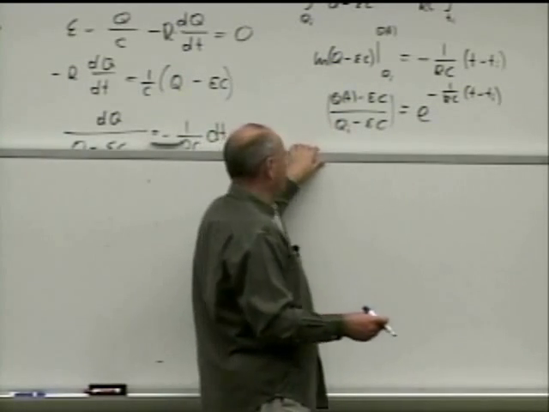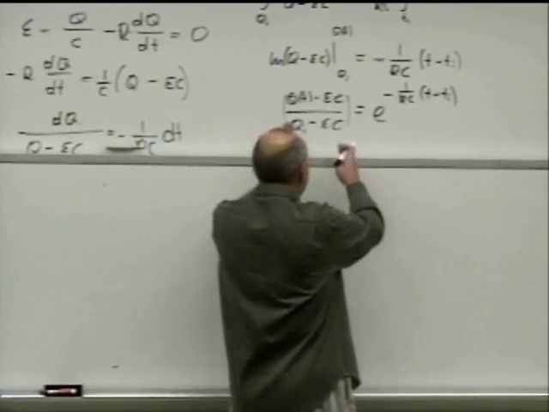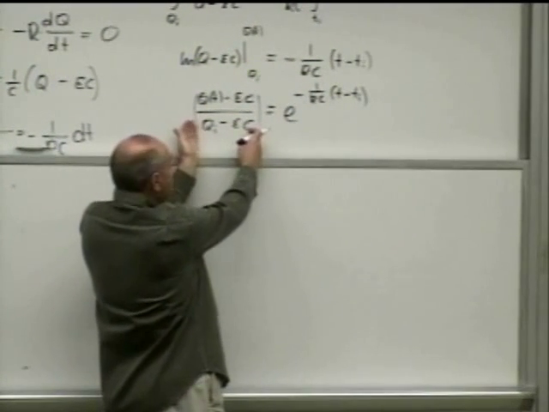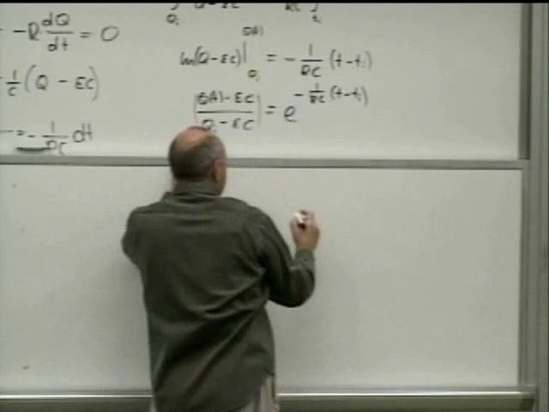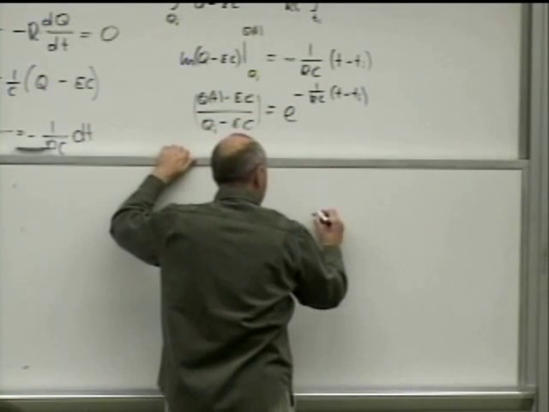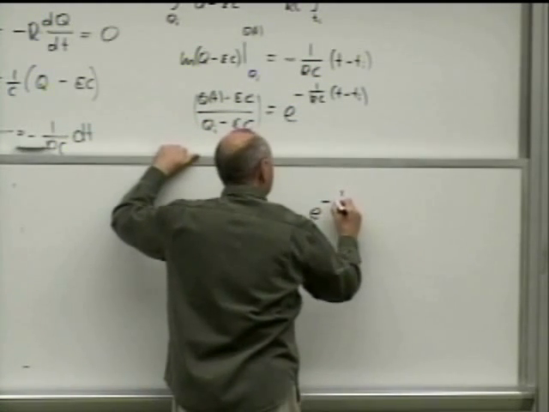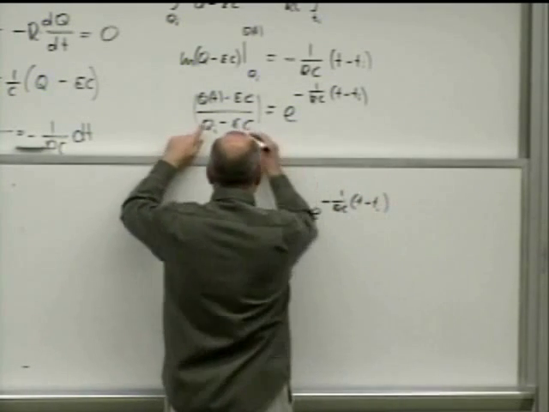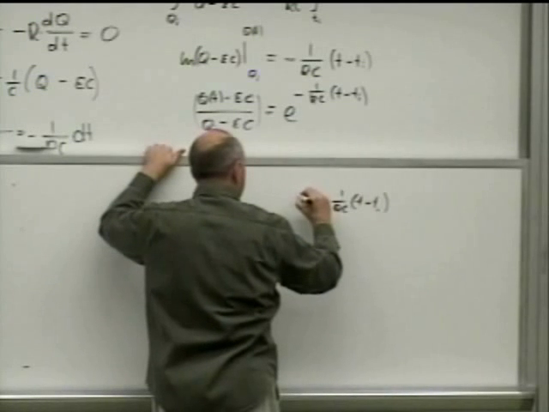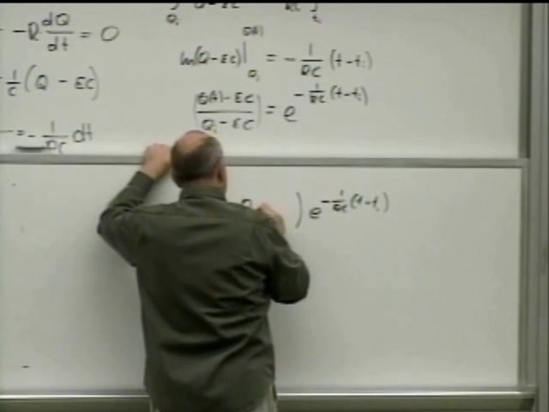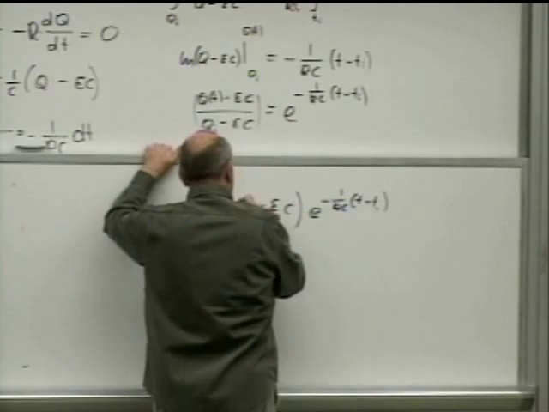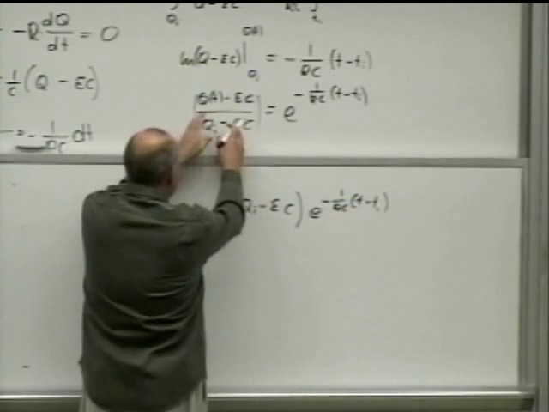And let me do it faster, okay, because I think that I'm going too slow. So in order to do this, first of all, I will multiply both sides by the denominator, right? So I will have e to minus 1 over rc t minus ti, and have this expression in front, q initial minus electromotive force times capacitance of the capacitor.